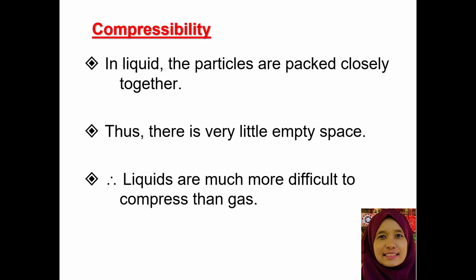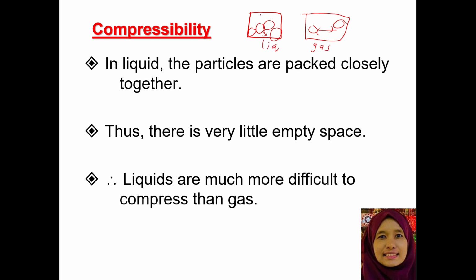Okay, compressibility. So okay, we know that particle in liquid are arranged more close compared to particle in gas. So disebabkan partikelnya closely compared to gas, so we have less empty space between each molecule compared to gas.